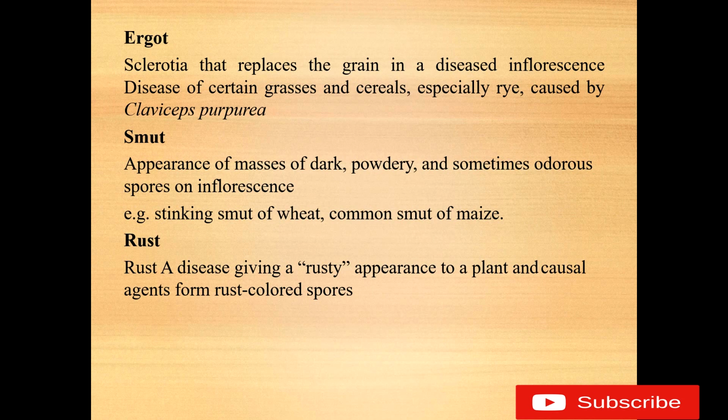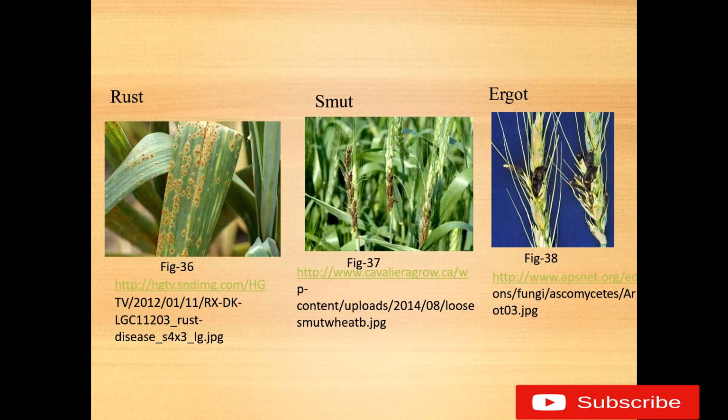And rust causes a rusty, brown appearance on plants. You can see the rust here, the smut here with powdery outgrowths, and the ergots on the inflorescence.